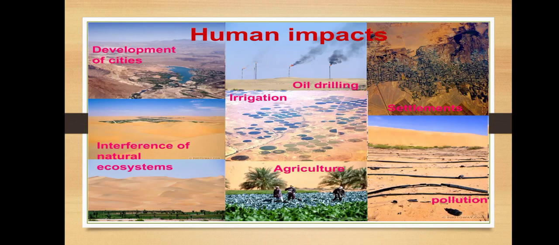So we humans are the contributors of global warming. Whether we like it or not, some of our endeavors are doing things which are unhealthy to our environment. Here are some of the human impacts that maybe we do without thinking about the future generation.